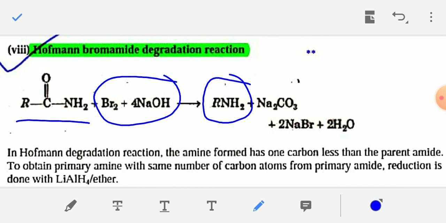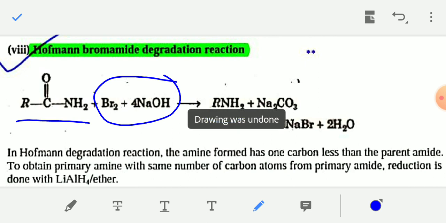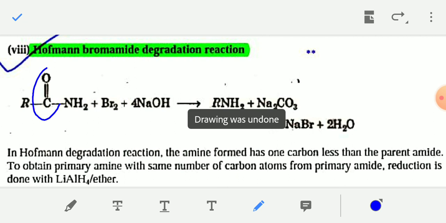Okay, so in the Hofmann bromamide degradation reaction, the RCONH2 group becomes RNH2. The CO group is removed and the amide becomes amine RNH2.